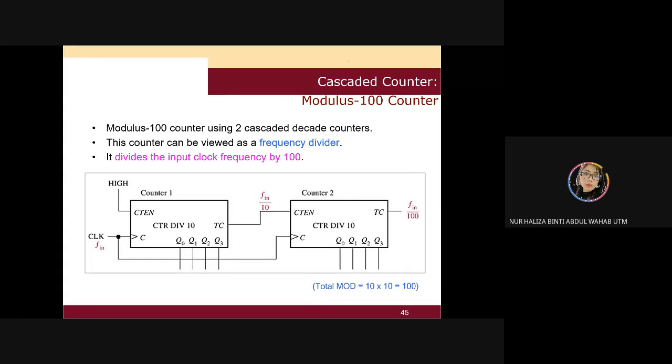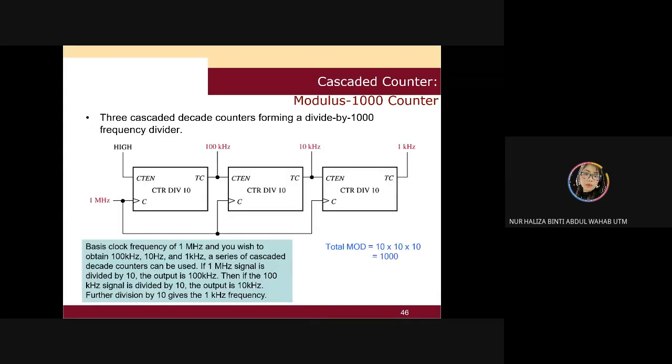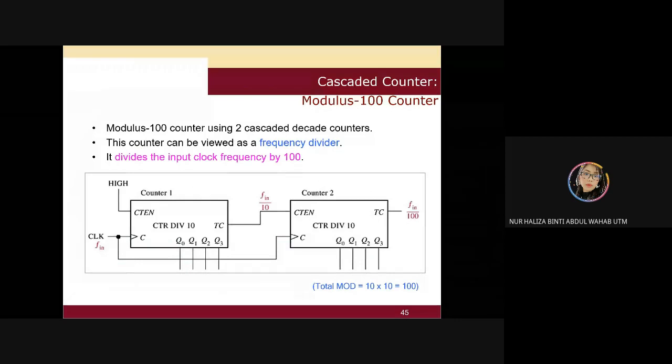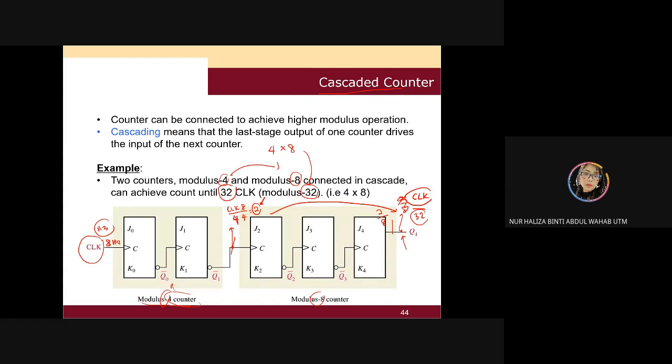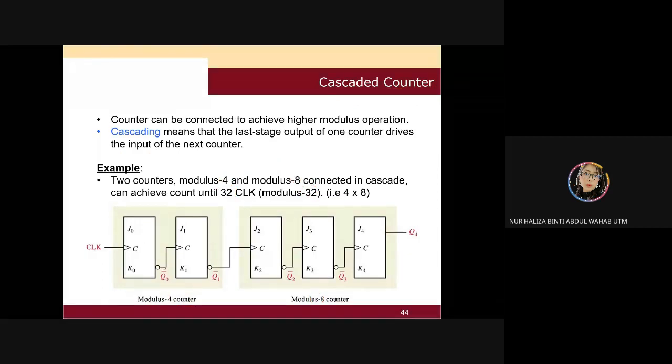So how in terms of the combinations of the cascade modulus you're going to have. You're going to have counter 1 and counter 2. And you need to remember that inside your counter, you can see here, because this is the basic one, the clock will be connected and will be from the output, whether it is from here or whether it is from here, right?